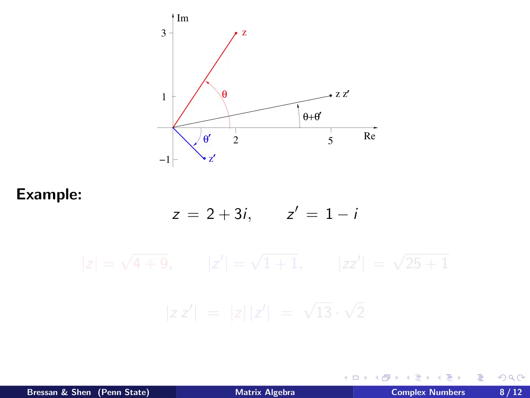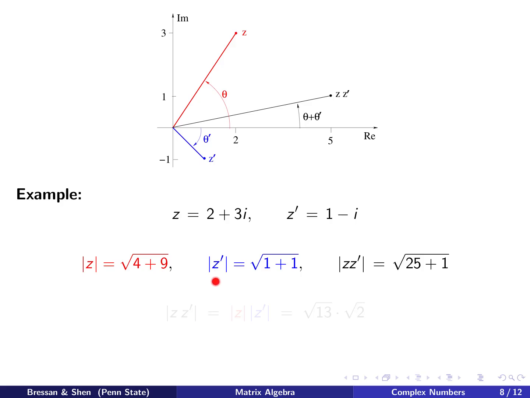Okay, so let's take an example, kind of following this graph here. So now z is 2 plus 3i. So that's my z, 2 and 3i. And my z prime is 1 minus i, so that's my z prime, 1 here, negative 1 here. So let's first find the modulus of z, which is the square root of 4 plus 9, which is root 13.